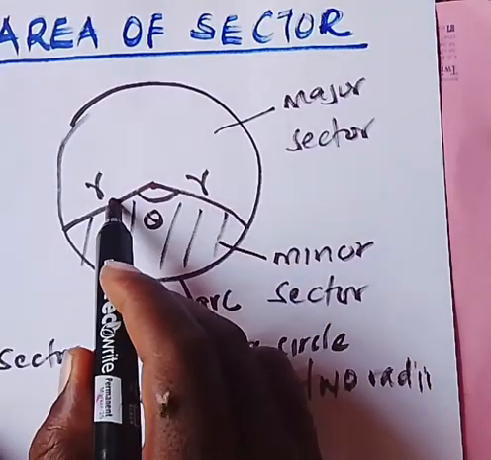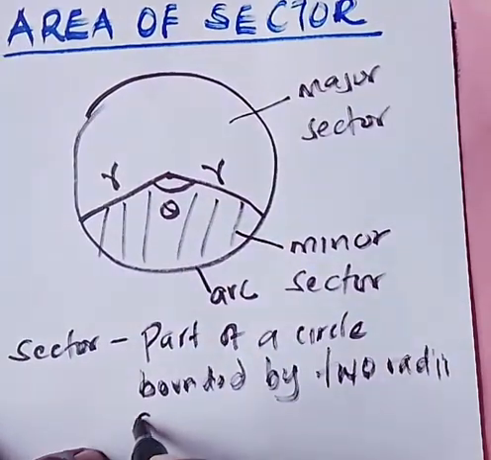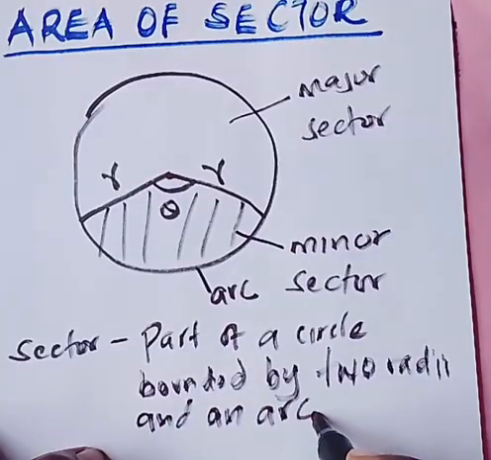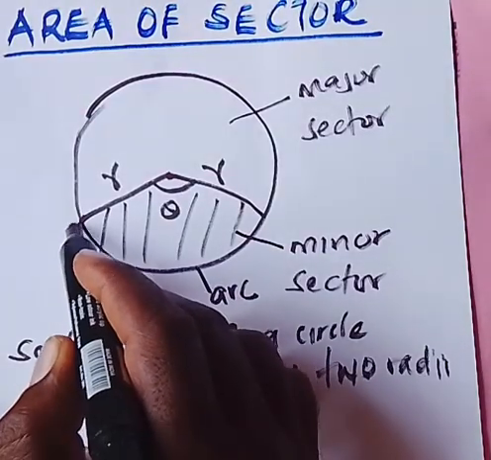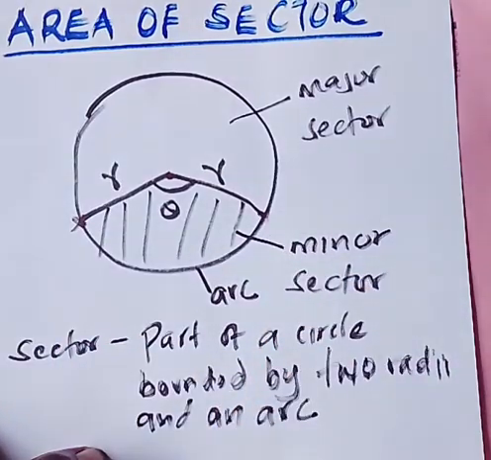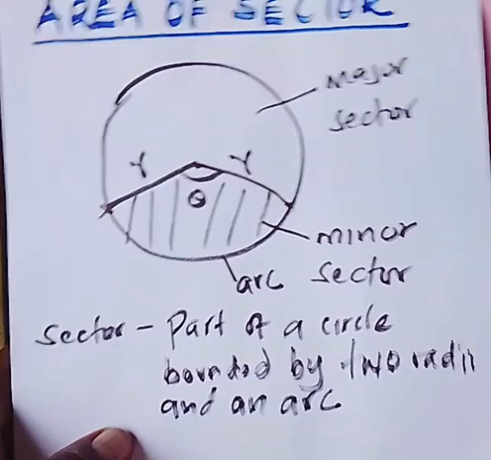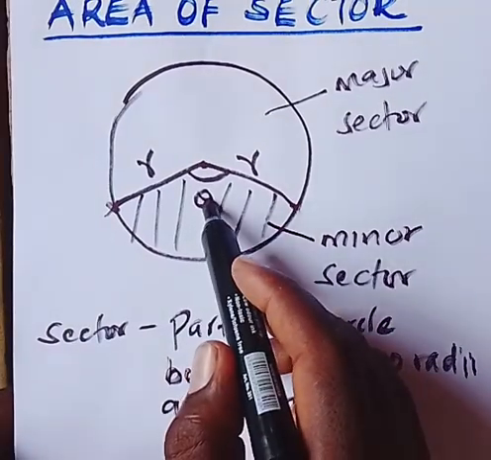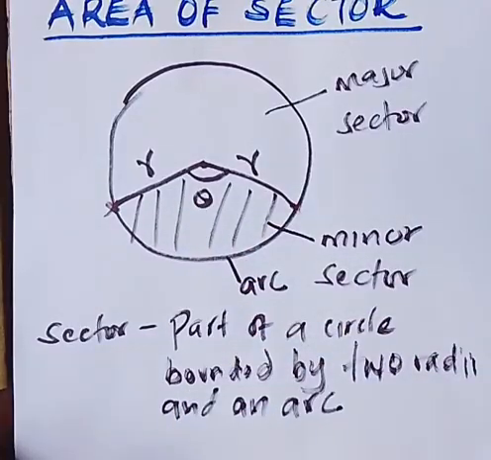These are the two radii and an arc. This is the arc from here to here. I have said that the arc is part of the circumference. Then the angle subtended at the center is known as theta.